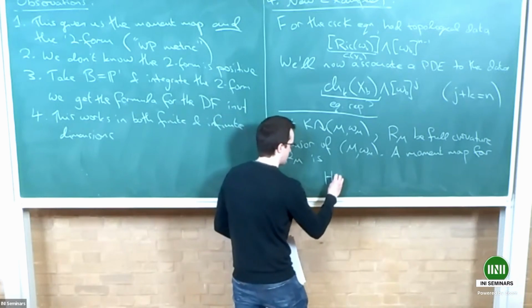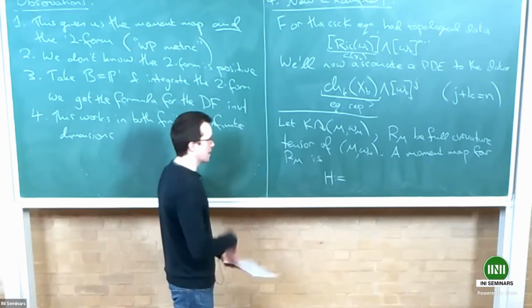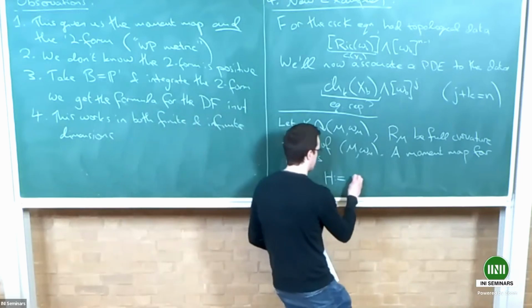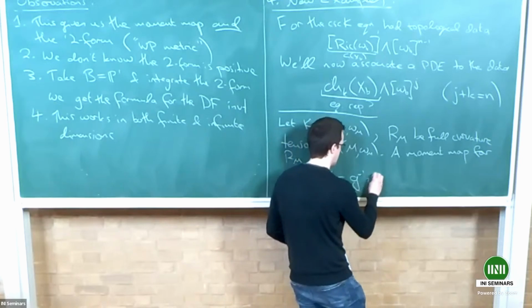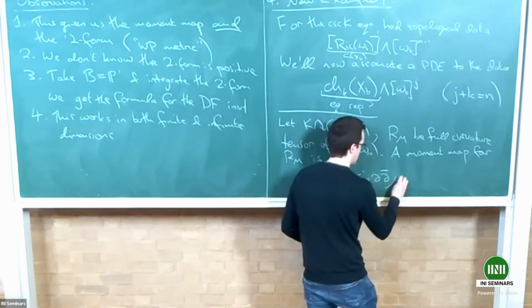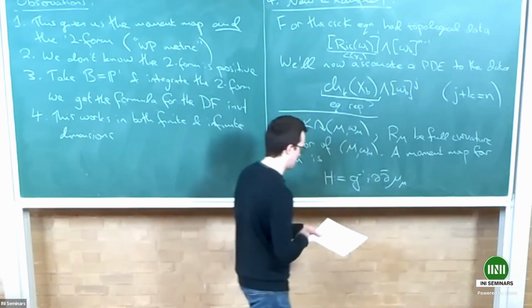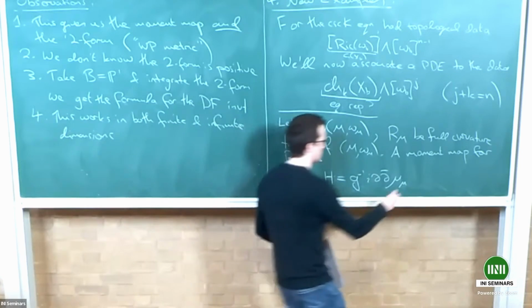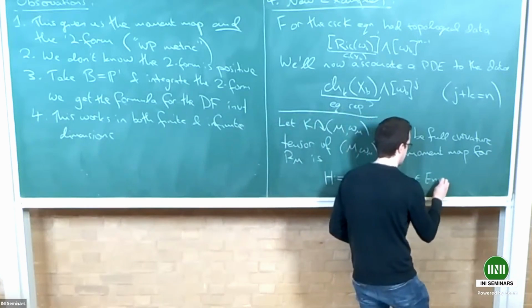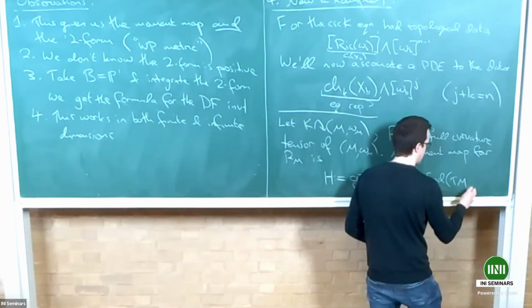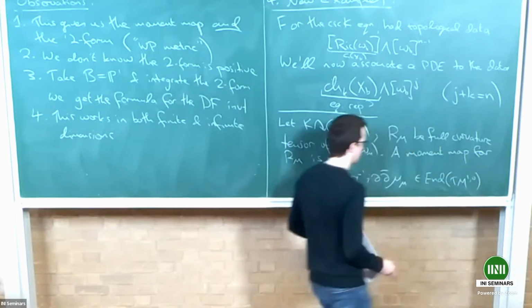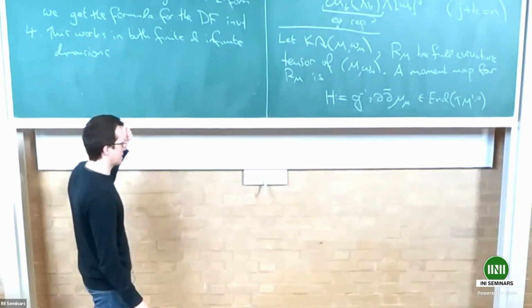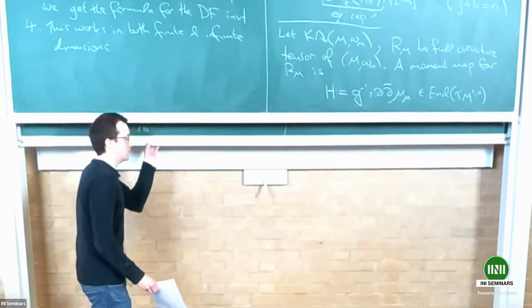I'll write H, which will be an endomorphism of the tangent bundle, and I want it to be g inverse of i ∂∂bar μ_M, where μ_M is a moment map of ω_M. So this is an endomorphism in T_M^{1,0}. I'll explain this notation in a second.